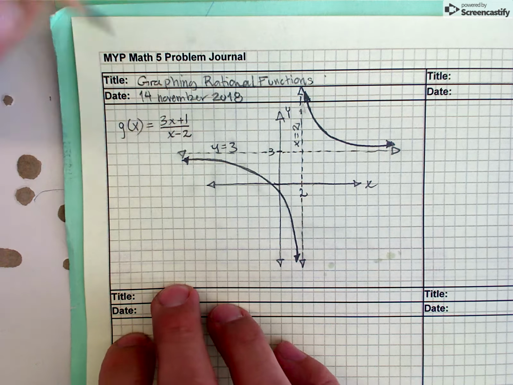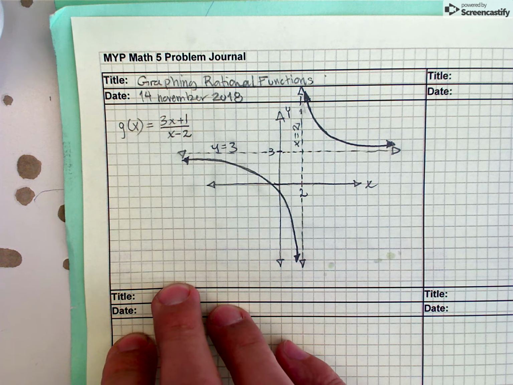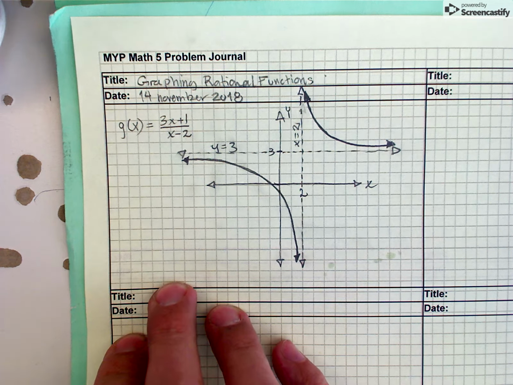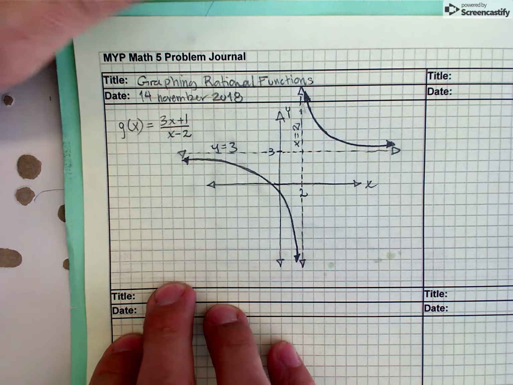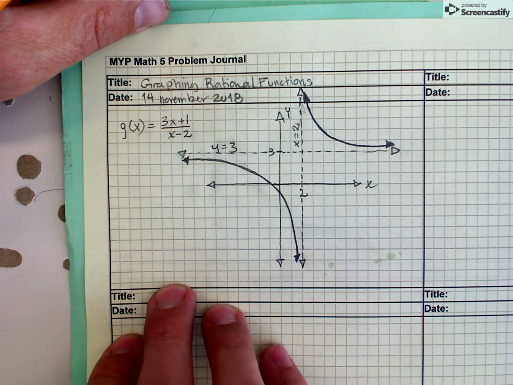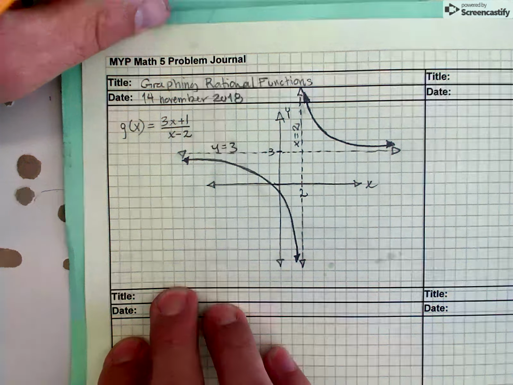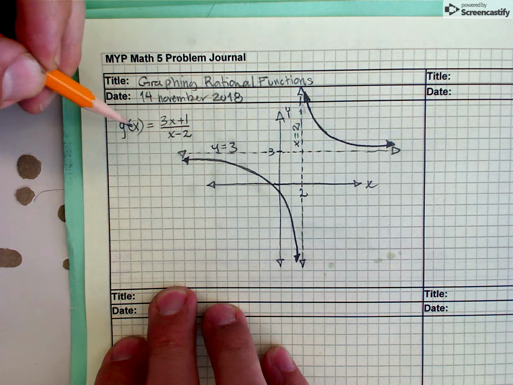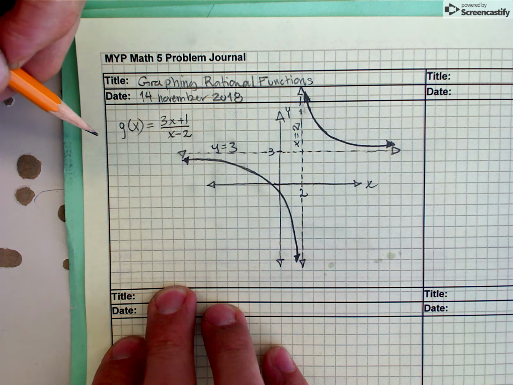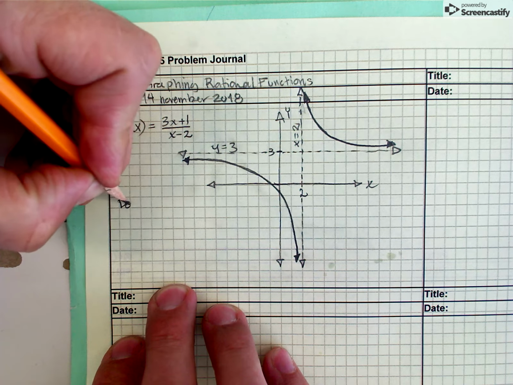There's a lot of different ways to write domain and range, but I'm just going to write it in words. I'm just going to use words to describe the domain and range. So what are those things anyway? The domain is the set of all possible input values. That is, for this function, all possible values of x.